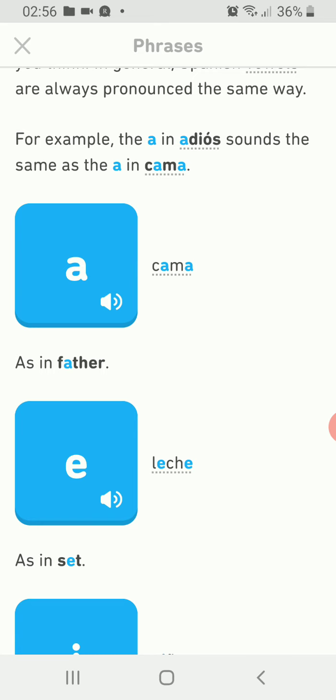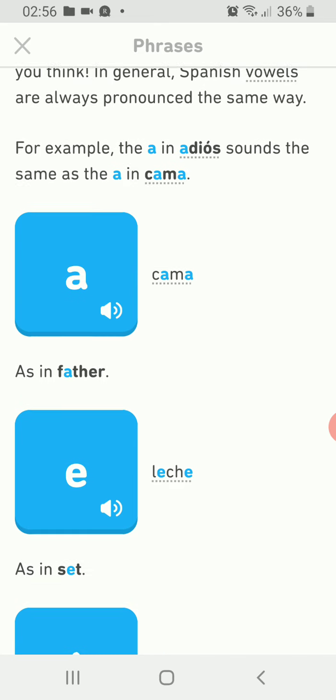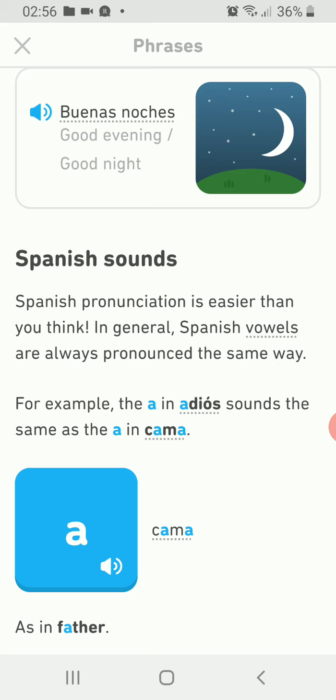So adios. Adios means bye. I don't know why, but in Spanish it seems that salutations are always in plural. Buenos días, it's in plural.